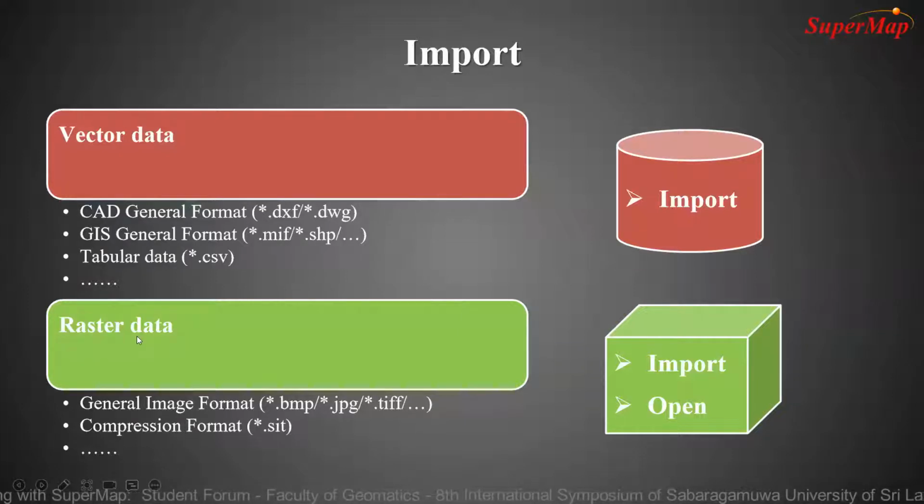For raster data, we support general image formats like JPG, PNG, TIFF, and also compression formats such as SIT. So for vector data, we support importing them to the data source.